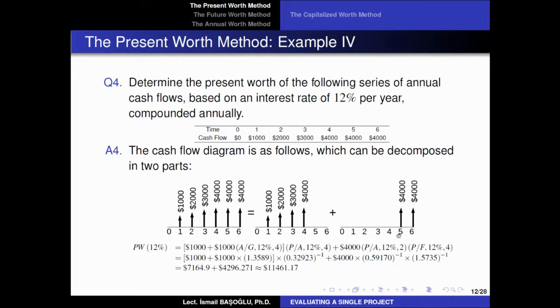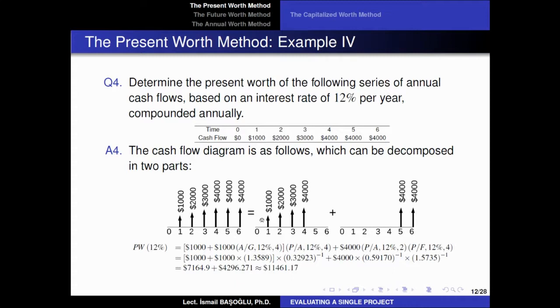Okay, so what we are going to do is this: we are going to assume that we have 4 years of gradient series here. Base payment is $1,000, and the annual increase in the consecutive years is $1,000 again.